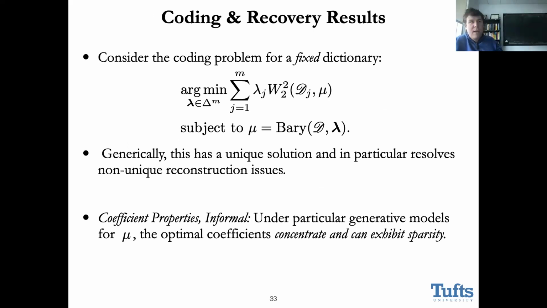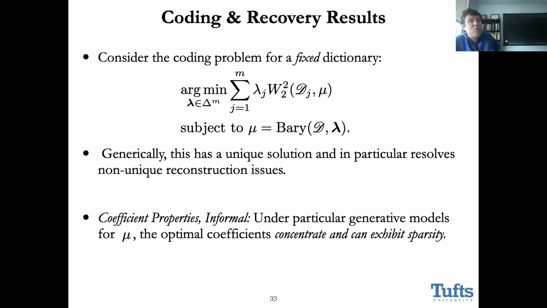Just to give a flavor for the kinds of results we have with this, we focus theoretically on the hard version of this problem, where I try to minimize the coefficient energy that goes on faraway points, subject to perfect reconstruction. The soft version of this would be to have a balance parameter that averages these things. But to write it like this, I can do a little bit of analysis and say that this generically has a unique solution.